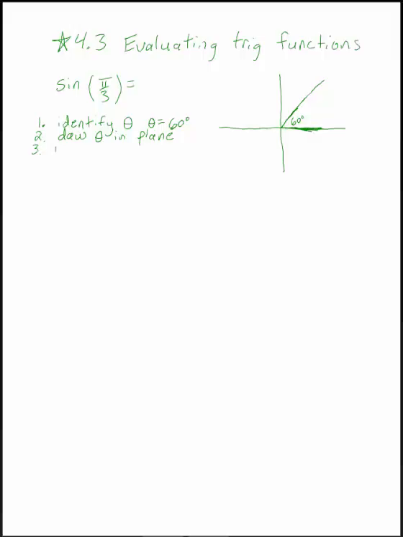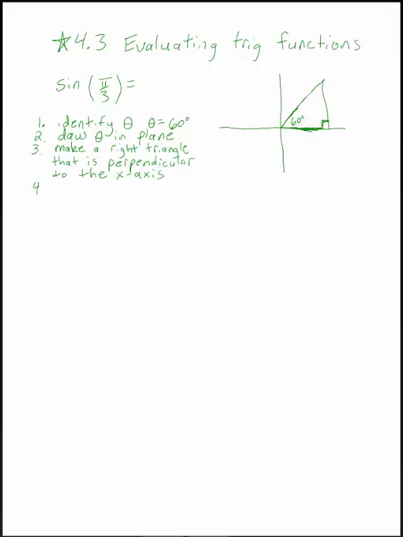Step 3 is I'm going to make a right triangle that is perpendicular to the x-axis. I'm going to drop down my perpendicular here. It's got to be perpendicular to the x-axis.